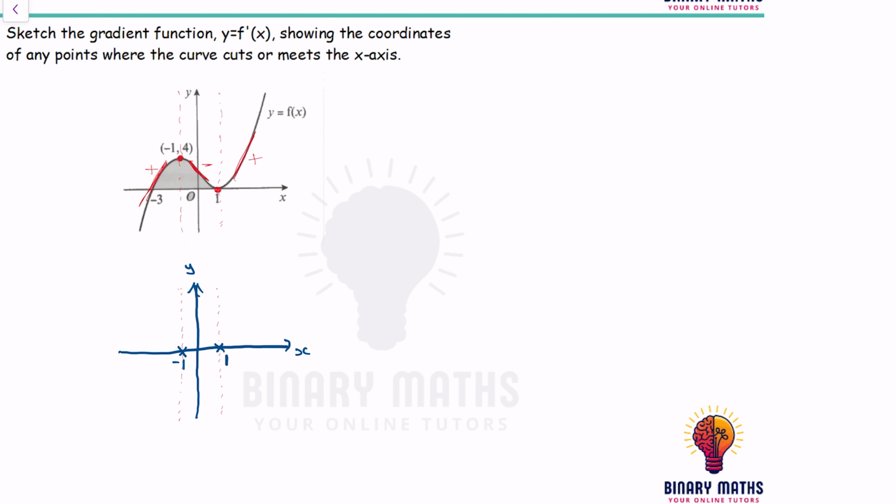That means if it's positive, when I draw it in my second diagram, which is y equals f dash of x, this part will be above the x-axis. This part, because it's negative, will be below the x-axis. The third part, because it's positive, will be above the x-axis.